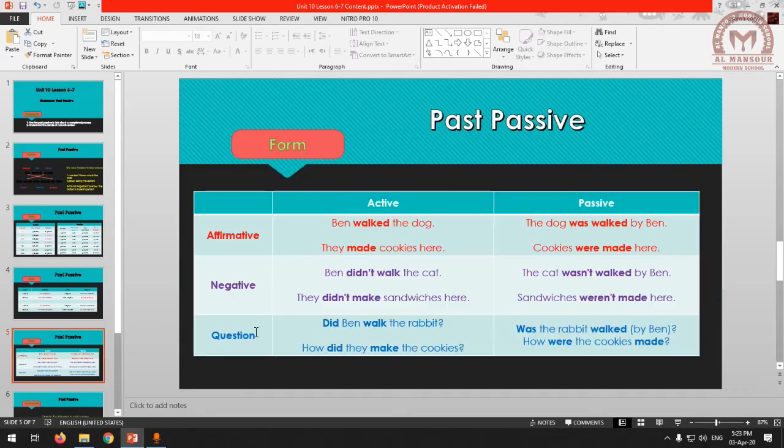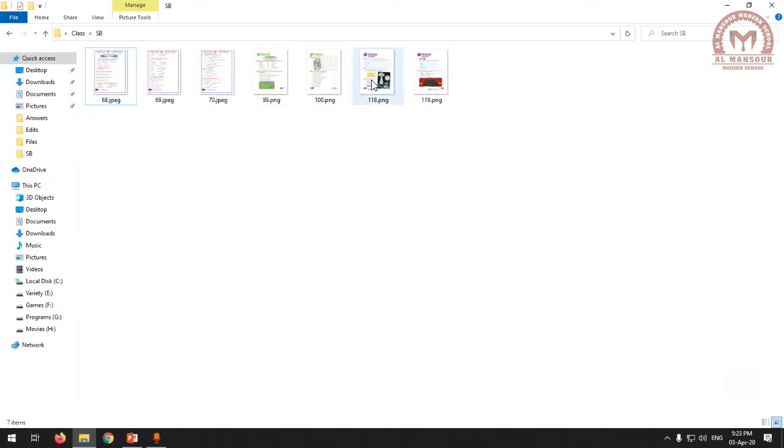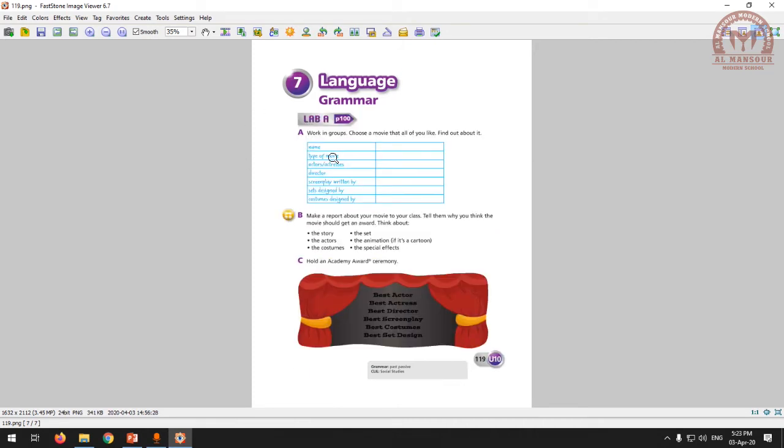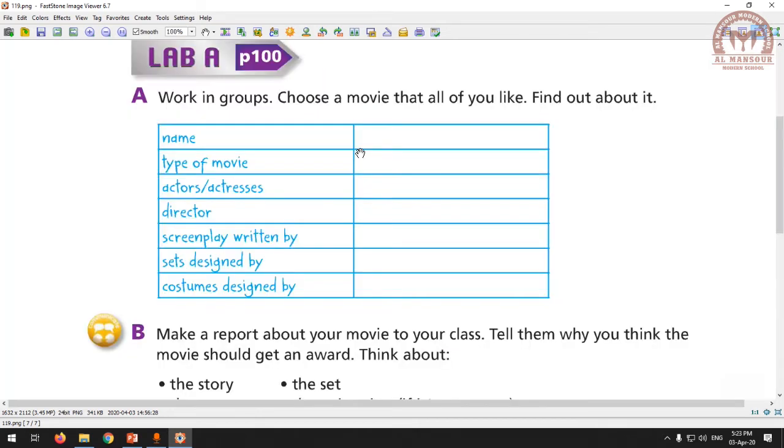Okay, I want you to open your student book on page 118. As you see, on this page, we can't do anything. This is going to be hard to do on a video, so we're going to skip it. I want you to flip the page to 119. Here it says work in groups, choose a movie that all of you like, find out about it.